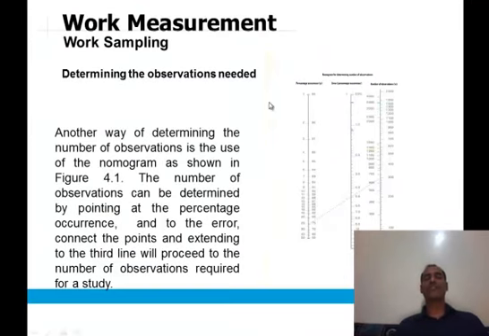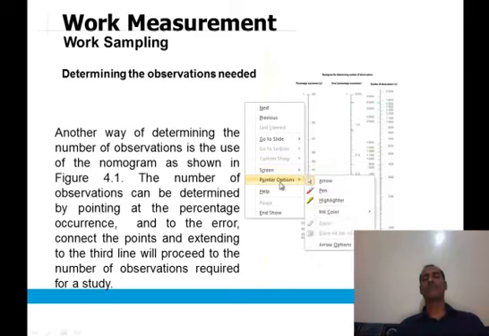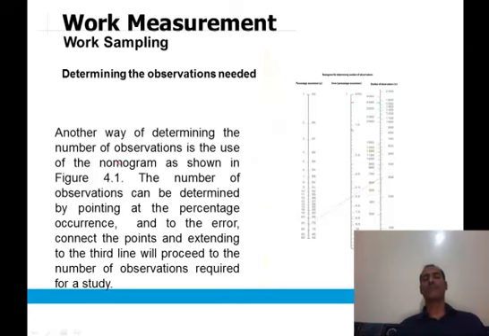Another way to determine the number of observations is the use of the nomogram.